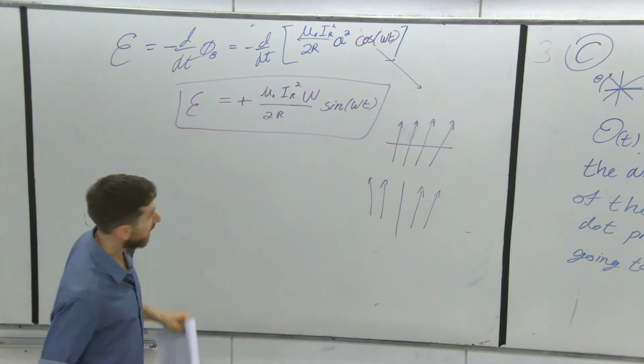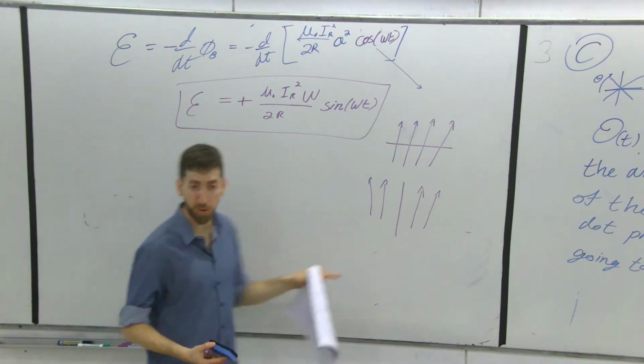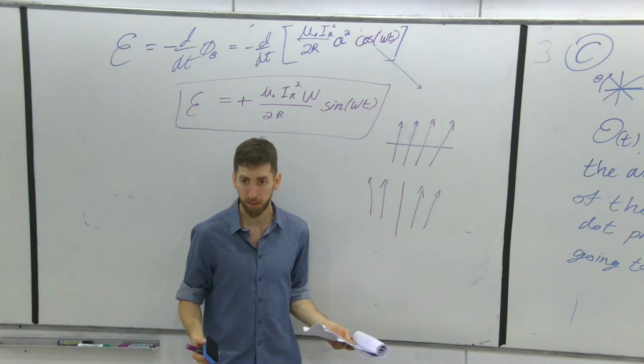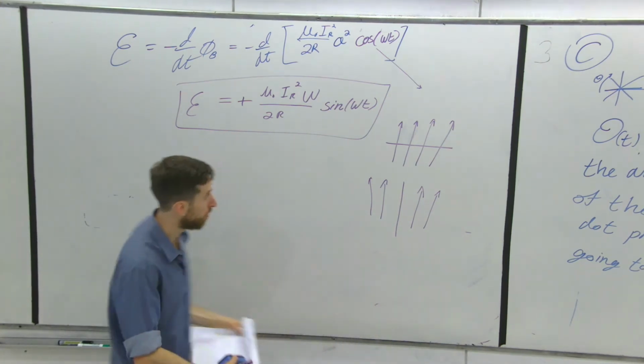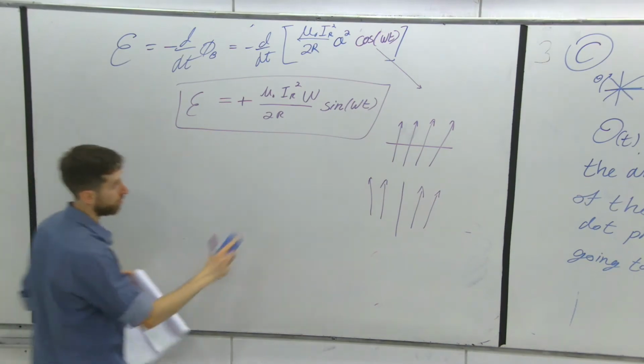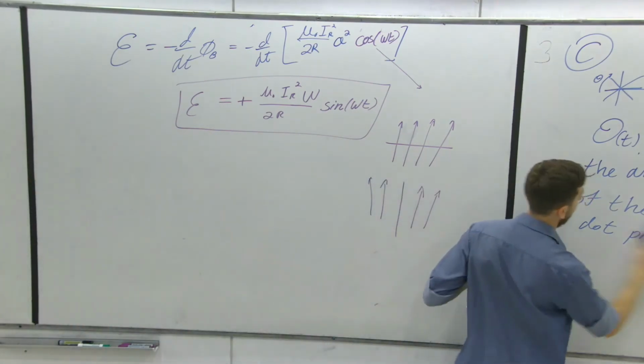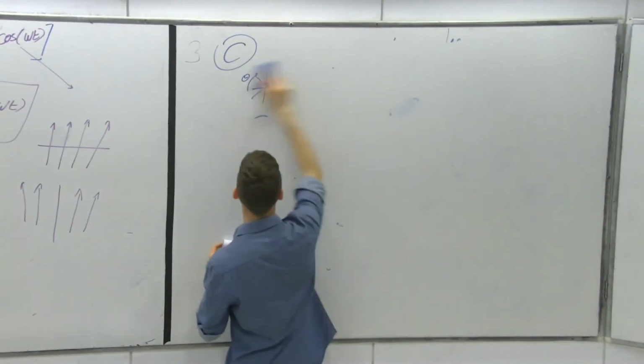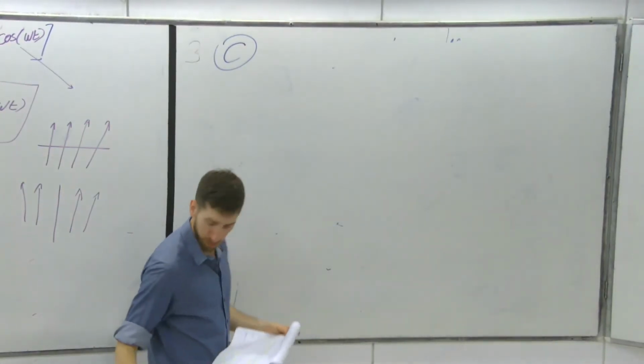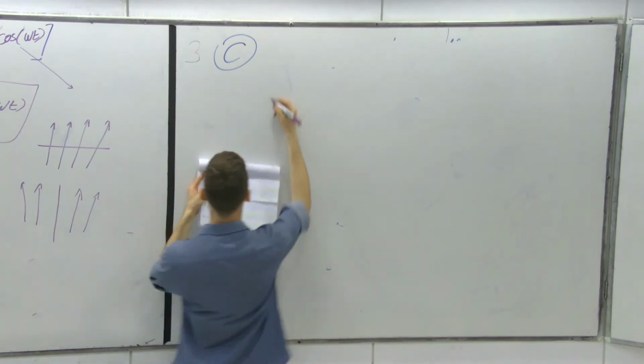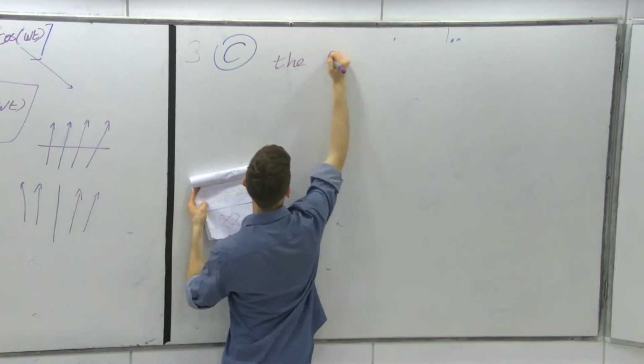Another question I want to ask you is what is the current that we're going to see on the frame? On the frame, there's going to be a current. In order to know the current of the frame, you need to know the resistance of the frame, so I'm going to give it to you.